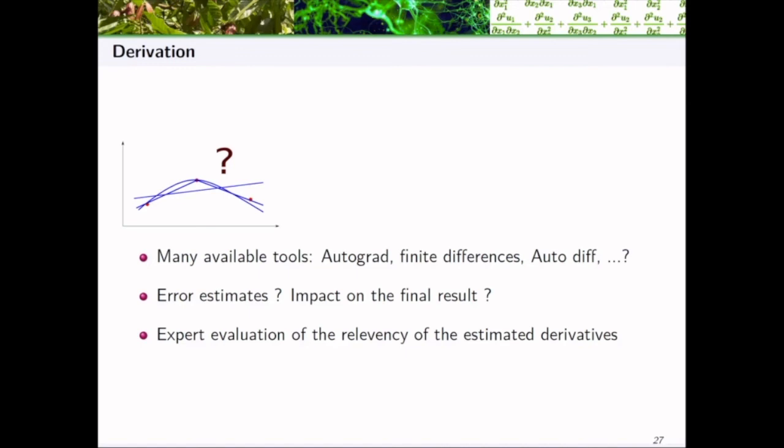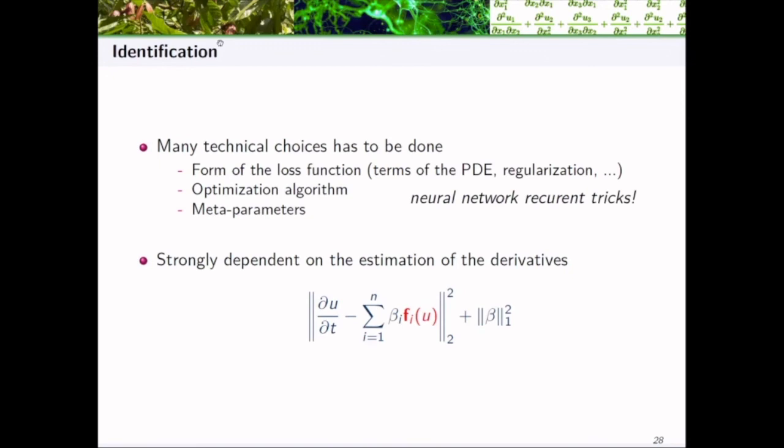Yes, and given what we've done already, we become very, very cautious and we foresee further influence of the choices we are making at that step on the next step. And once again, experts may help in evaluating the relevancy of the derivatives. And just like we said before, there are a lot of technical tricks to overcome.